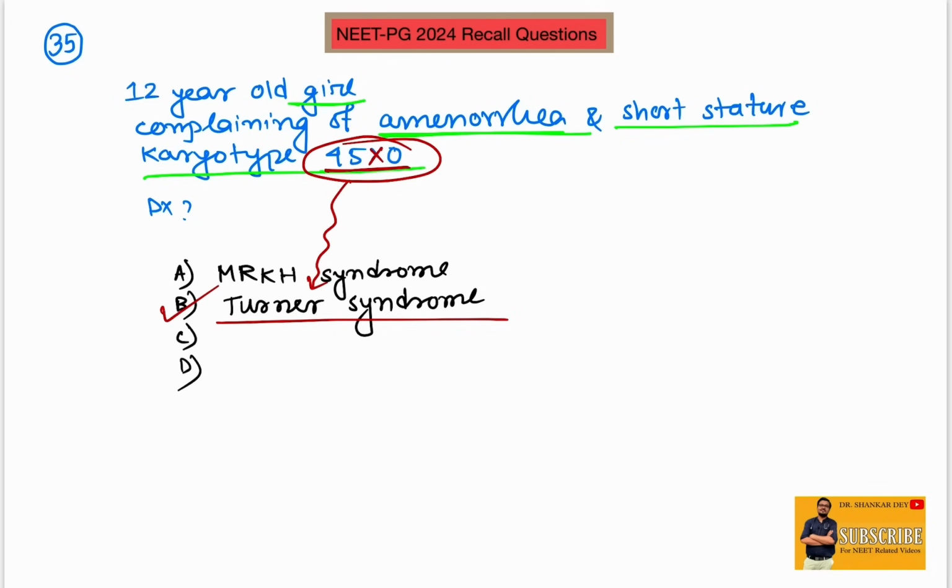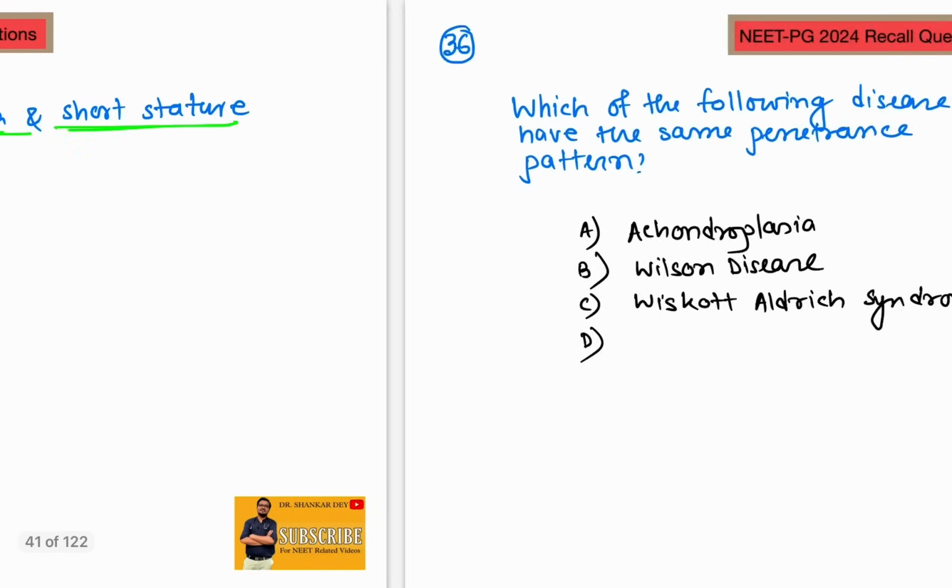The features are short stature, amenorrhea, shield chest, short webbed neck, cubitus valgus, lentigines on the skin. So 45X with amenorrhea and short stature is the description of Turner syndrome.